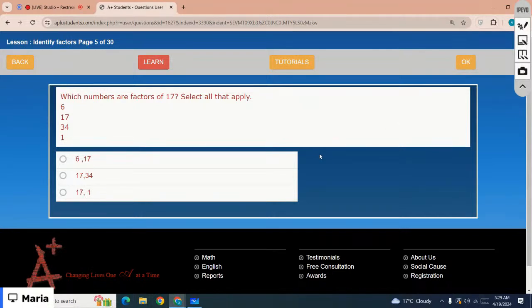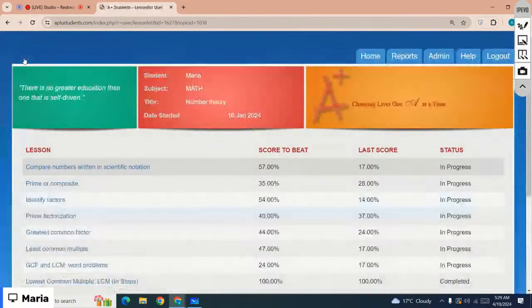The last option is the correct option. Okay, you can complete the lesson by yourself later today. Let me just move on to the next lesson. It is prime factorization, an important lesson.